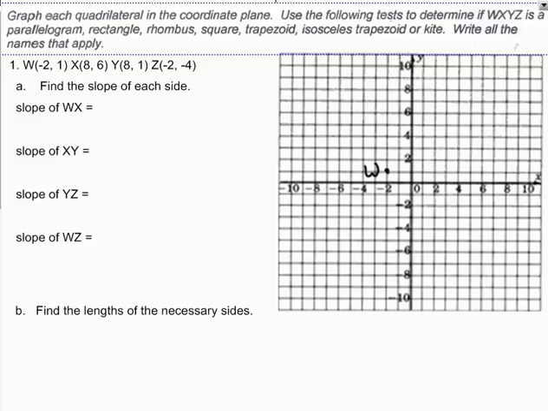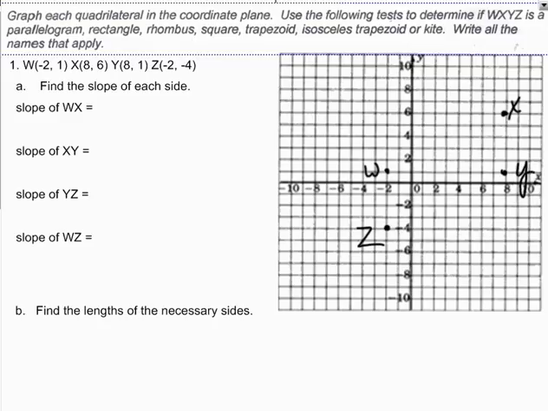So positive 8 and 6 up is right here. And that's X. Y is at 8, 1. So 8 here and 1 here. That's Y. And Z is at -2, -4, which is right here. And that's Z.